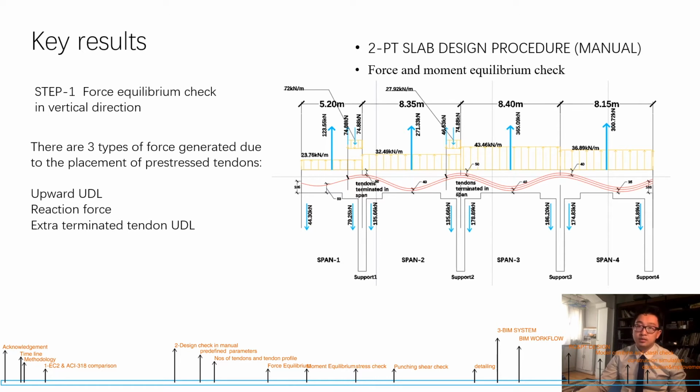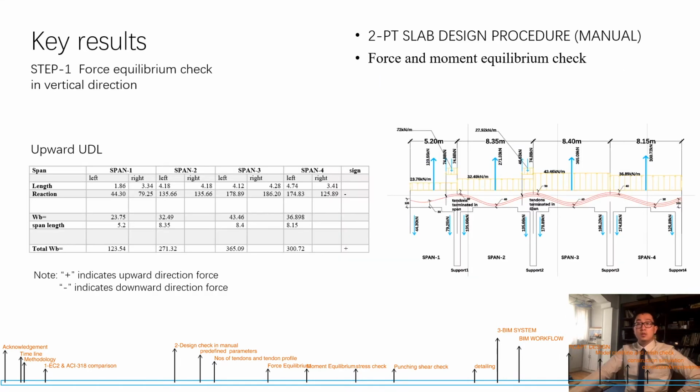But we still need to perform some force and moment equilibrium checks to make sure the whole design strip is in balance. There are three types of forces generated due to the placement of the pre-stressing tendon: the upward UDL, the reaction force, and the extra terminating UDL.